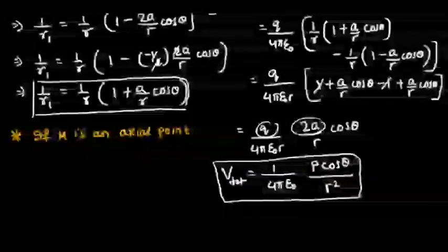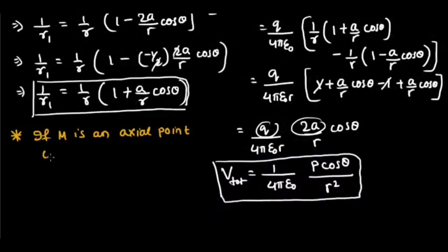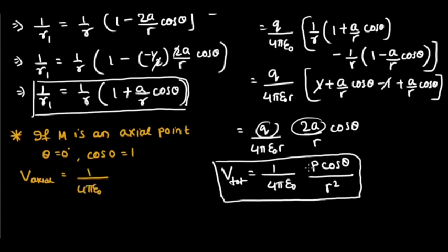So if M is an axial point, then theta is equal to 0 degree. So cos 0 will be 1. So V axial will be how much? It will be 1 by 4 pi epsilon naught. Here P cos theta is P. So we'll get P by R square.